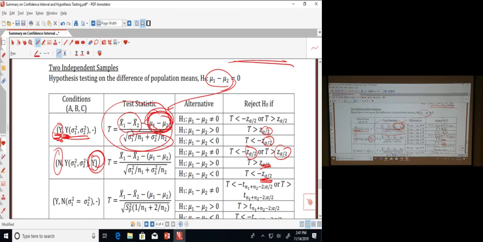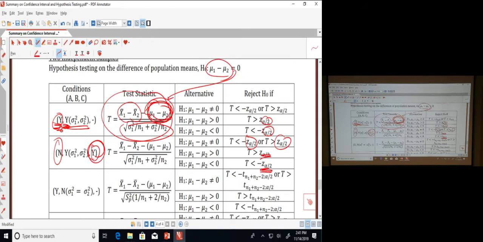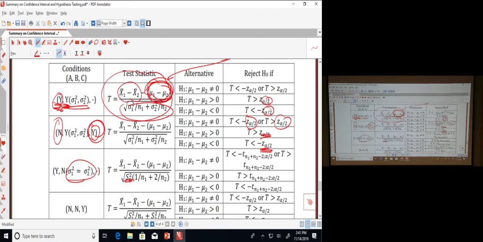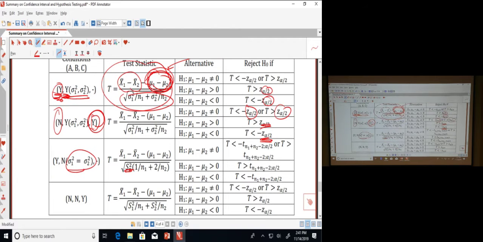Okay, so what happens if the variance is not known? I mean, if it's normally distributed, then we just replace sigma 1, sigma 2 by the estimate SP square. And this follows a T distribution with N1 plus N2 minus 2 degrees of freedom. What happens if we don't even know whether they're equal or not?